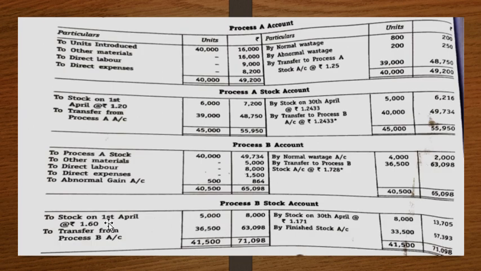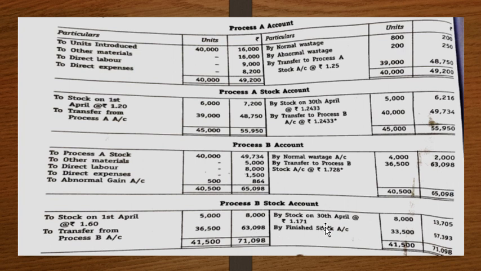So 5,000 into 1.60 will give you 8,000. Next, what are the other units you have produced? From process B's account, the units are 36,500, and the amount transferred is 63,098.